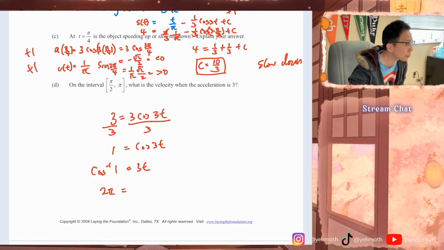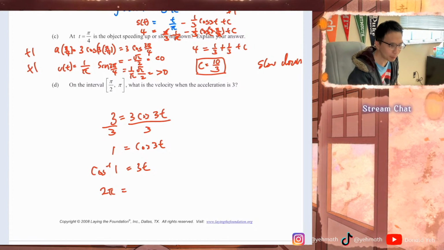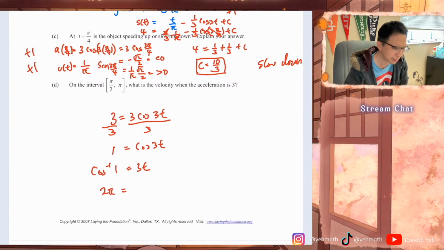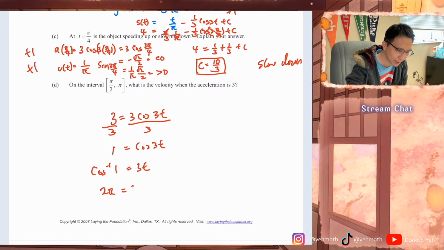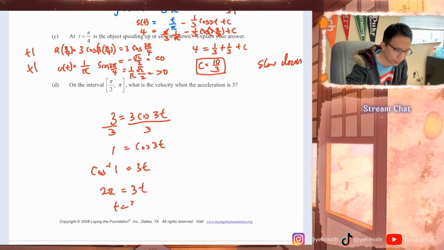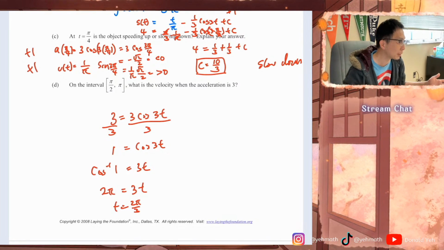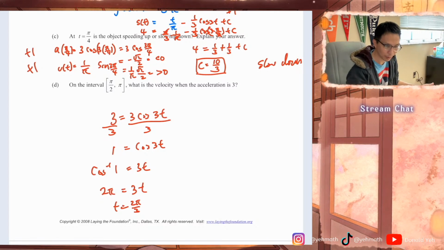Now, why did I choose 2 pi, not 0? The interval is between pi over 2 and pi, and you're going to be like, 2 pi is not within the interval. But wait, because that's equal to 3t, then t equals 2 pi over 3. Now, is that between pi over 2 and pi? That's perfect.